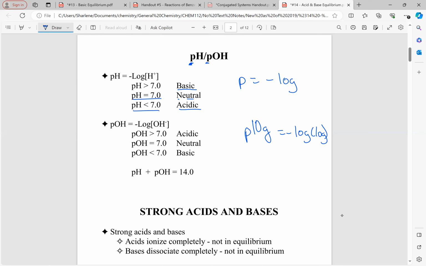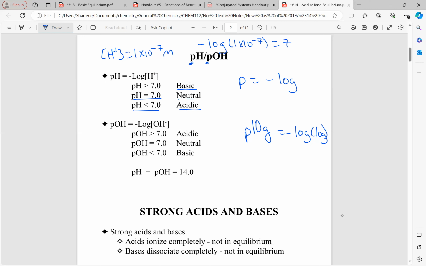So keep in mind, if the proton concentration is 1 times 10 to the minus 7th, if you take the negative log of that, now some of your calculators might give you an error on this, but it should come up to be 7. Oh, that's not acidic or basic. That one's neutral.